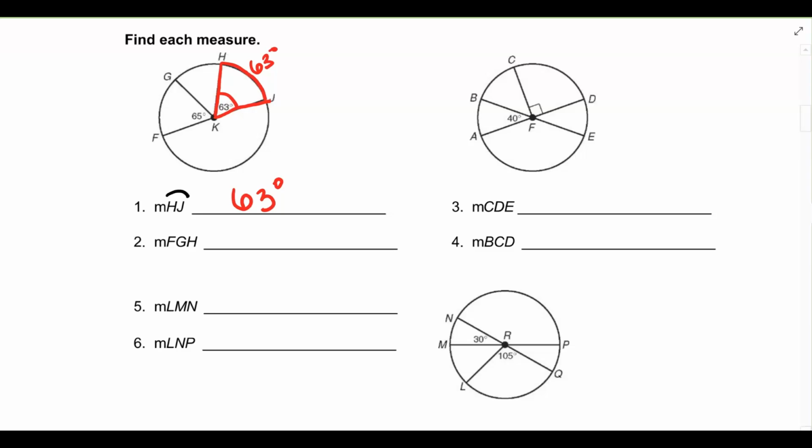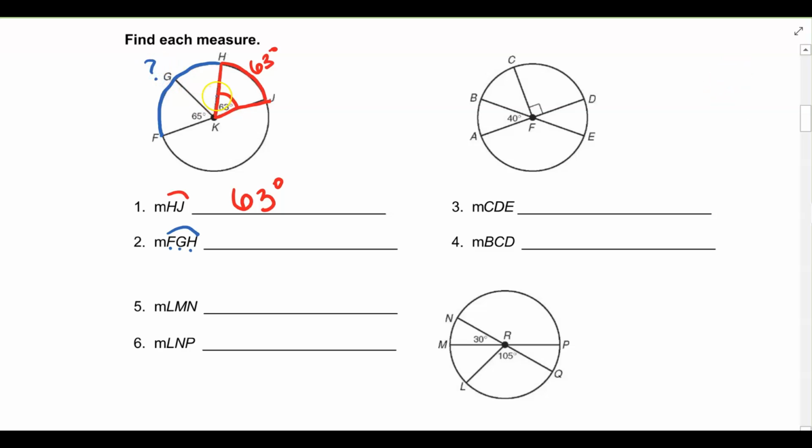For arc FGH, they're using 3 letters, which means they're saying that the ends of the arc are going to be F and H, and it passes through G in order to get to that other point. So we're looking for this whole arc.